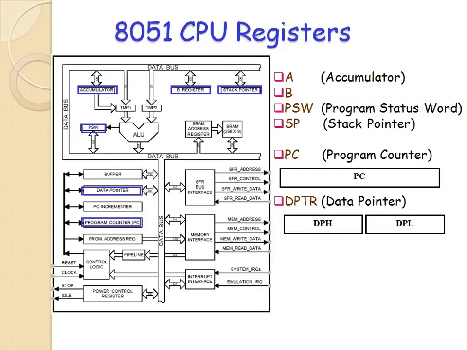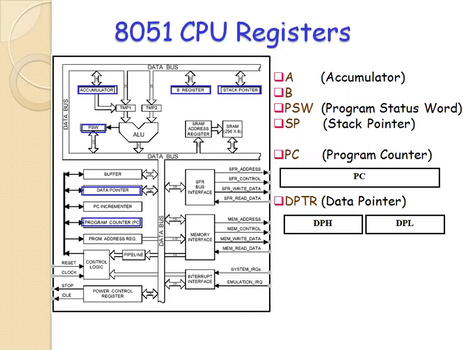So these are the 8051 CPU registers. As we are familiar with registers, in case of any microprocessor or microcontroller, the most commonly used register is the accumulator. So here is the accumulator, which is an 8-bit byte accumulator, and the other one is the B register. The B register is common for the microprocessor 8085 and the 8051.